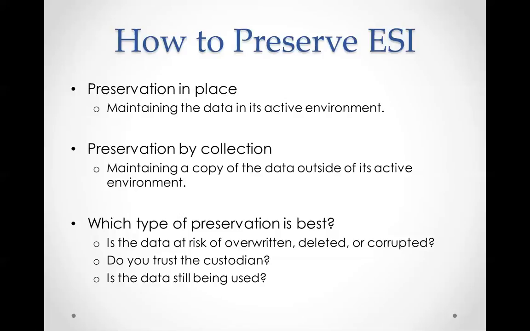We're going to come in, we're going to get all the stuff we need, and then you can go about your business. And so that's another instance where you might use a preservation by collection. So those are sort of the two general theories about how to preserve ESI. There's a lot more in the details there, obviously, but that's the theories behind it.